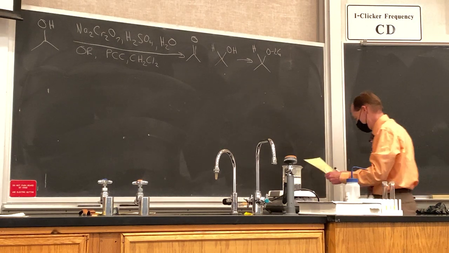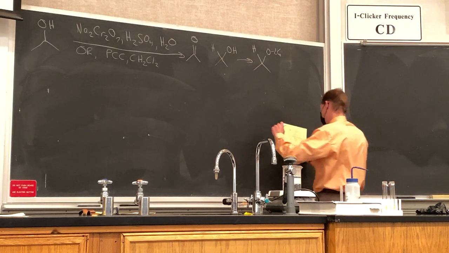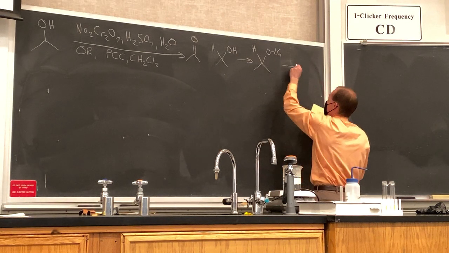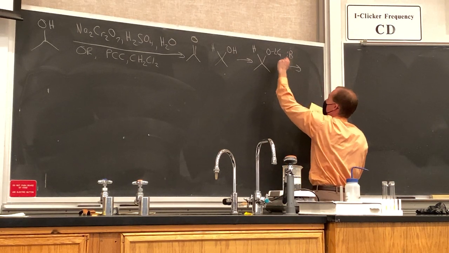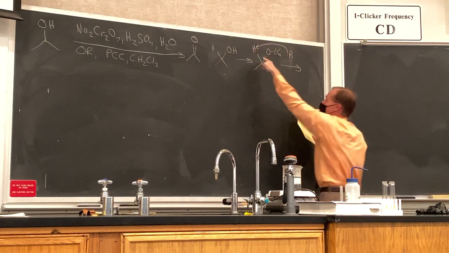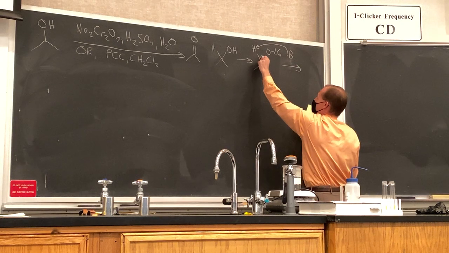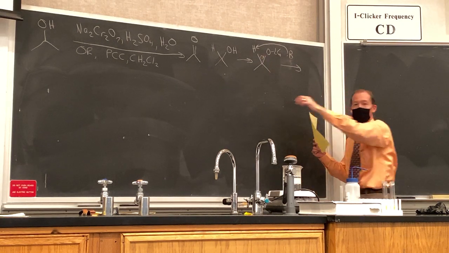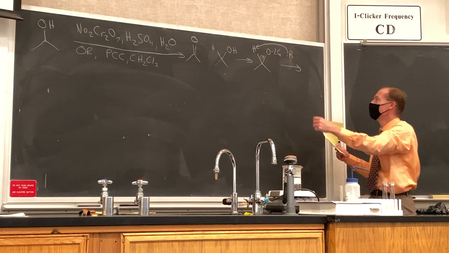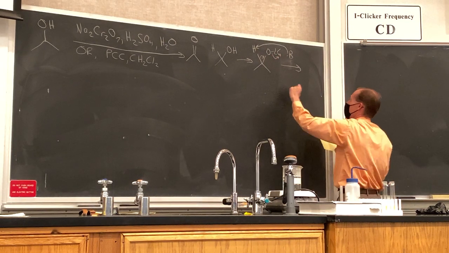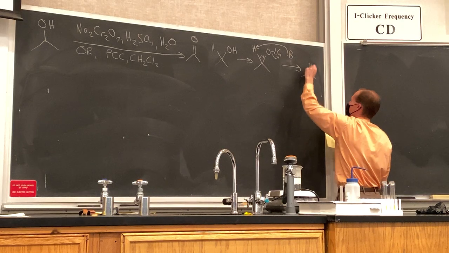But in this case, what happens is we use a base to deprotonate the alpha hydrogen. We're going to use the electrons in that carbon-hydrogen bond that are breaking to form a carbon-oxygen double bond, and then our leaving group is going to depart. Okay?